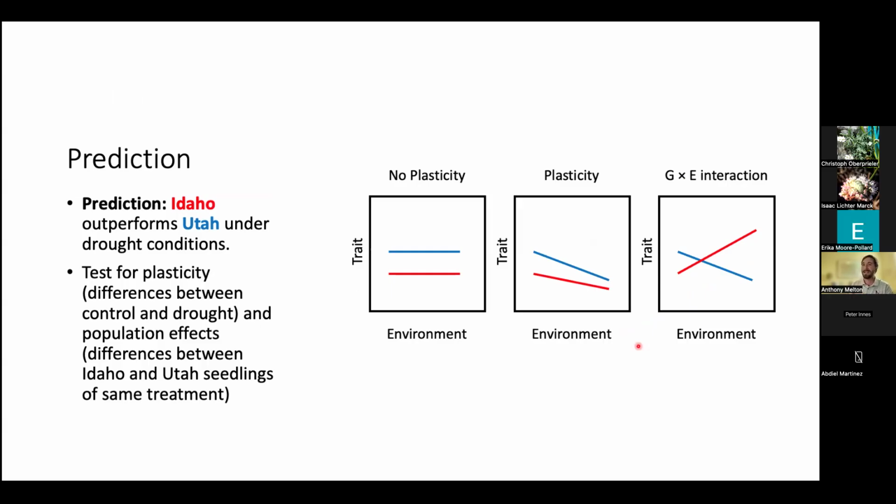So it would maintain higher photosynthetic efficiency and maintain better growth and health throughout the course of the experiment. We tested for plasticity, which is differences between the control and a drought stress group, and then also tested for population effect, so differences between our Idaho and Utah seedlings of the same treatment.